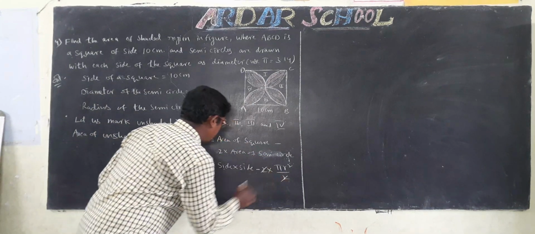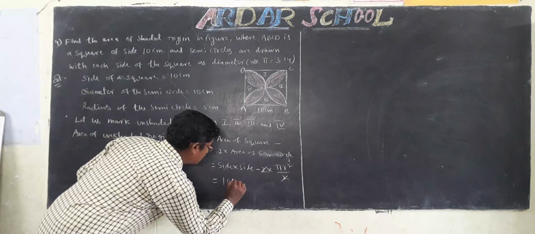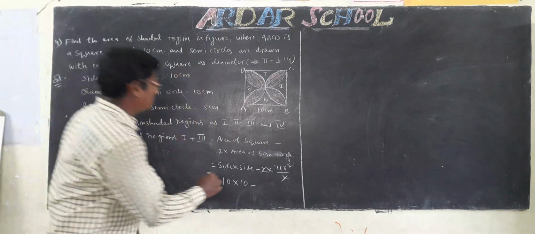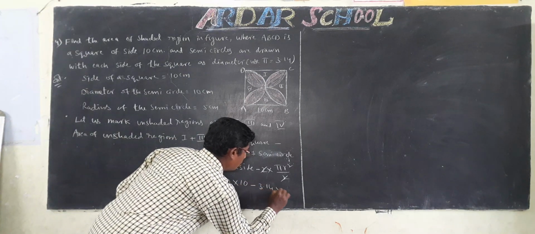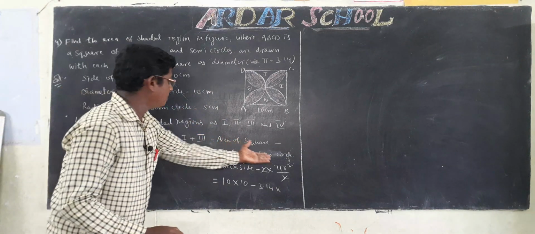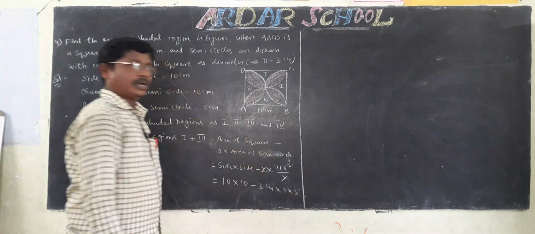Here the 2s cancel. The side of the square is 10 centimeters, so 10 into 10 minus, what is the pi value? 3.14. The radius of the semicircle is 5 centimeters, that is 5 into 5.